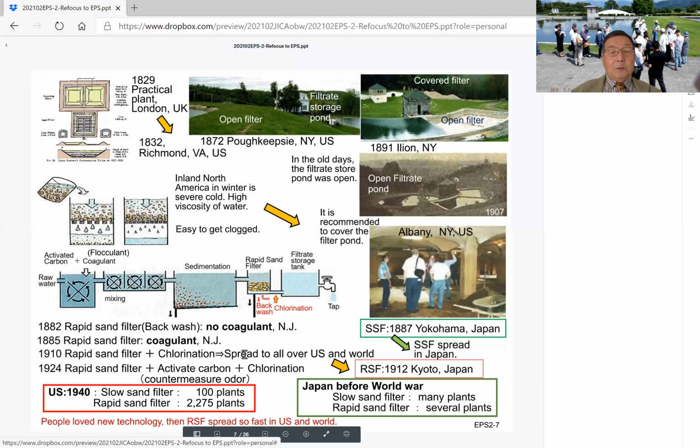Therefore, this new technique spread all over the United States and the world. In 1910, rapid sand chlorination in the United States and all over the world.